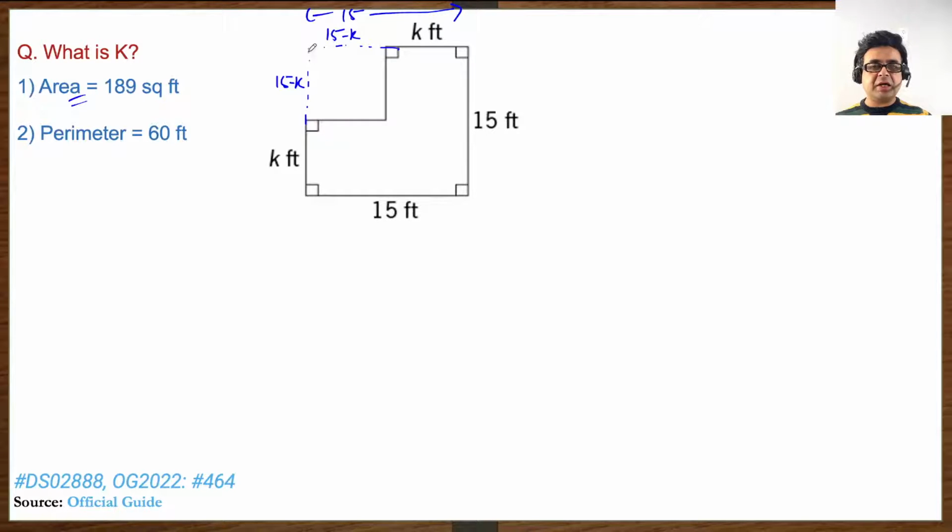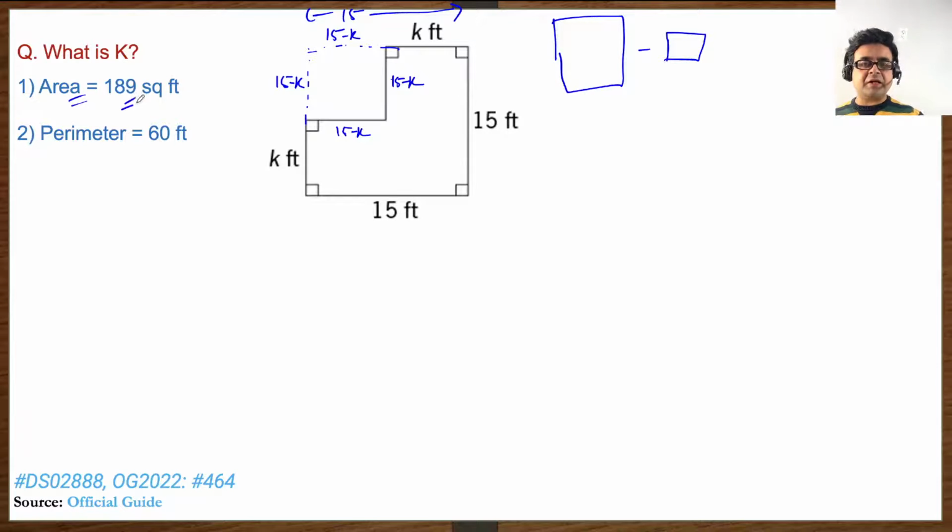The area of this little square is 15 minus k whole squared, and the area of the big square is 15 squared, and the area of the shaded region is just the big square minus the small square, right? So far so good. Everything is in terms of k.